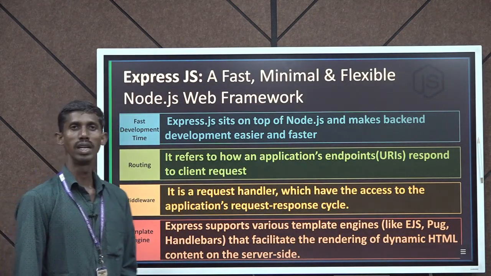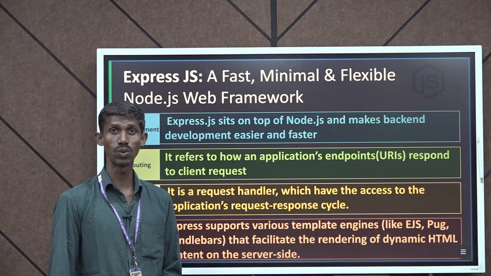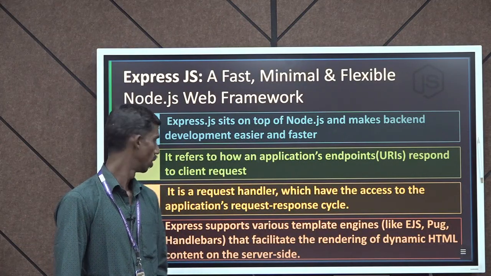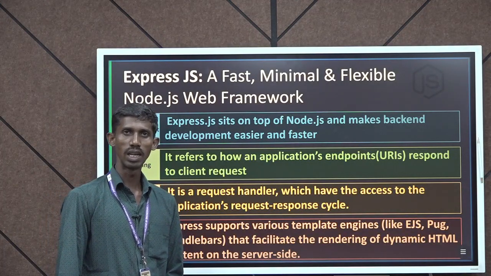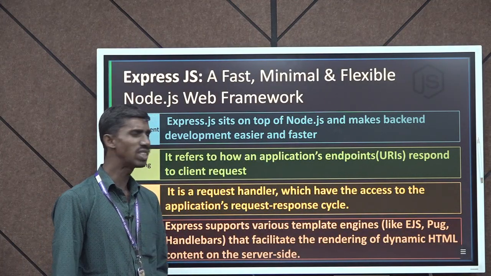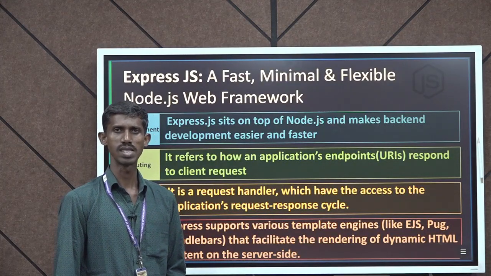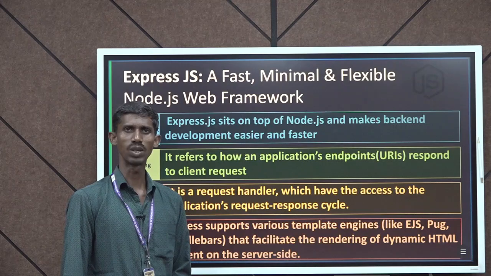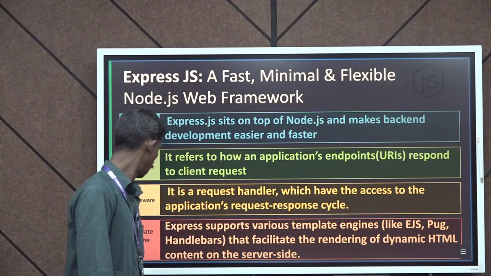Routing refers to how an application endpoint responds to a client request. Middleware is a request handler which has access to the application request and response cycle. Within that request and response cycle, we have to do some functionalities.